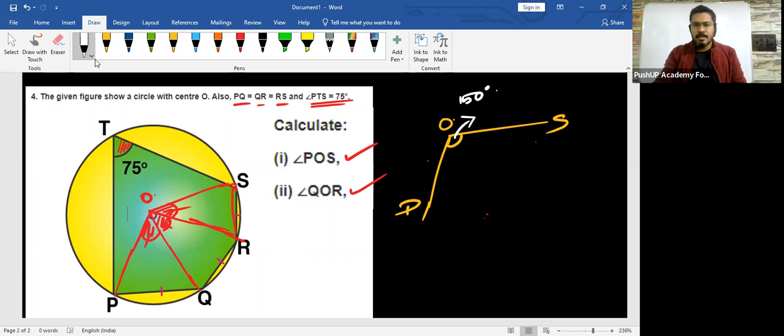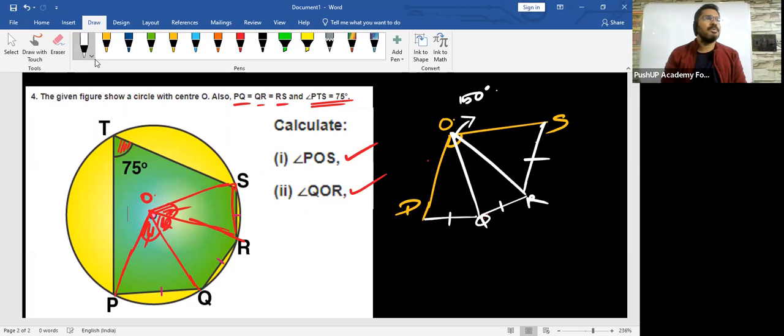If I ask you, then in that case, how much would be the angle subtended by chord PQ, chord QR, and chord RS? 50, 50, 50. Why? Because the total angle at the center was 150 degrees, isn't it?